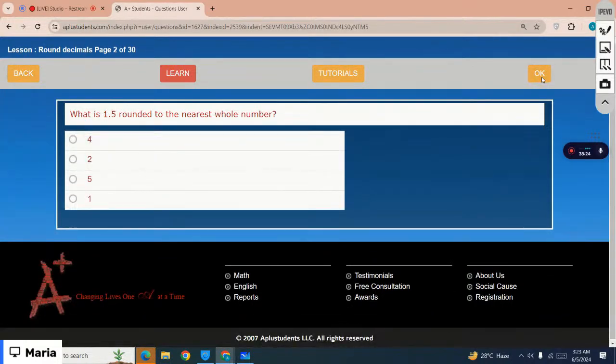What is 1.5 rounded to the nearest whole number? So which is the correct option?